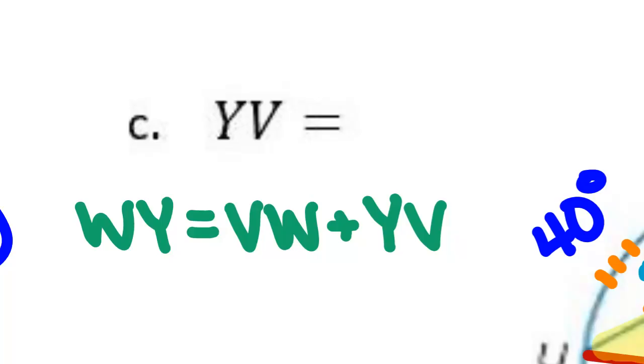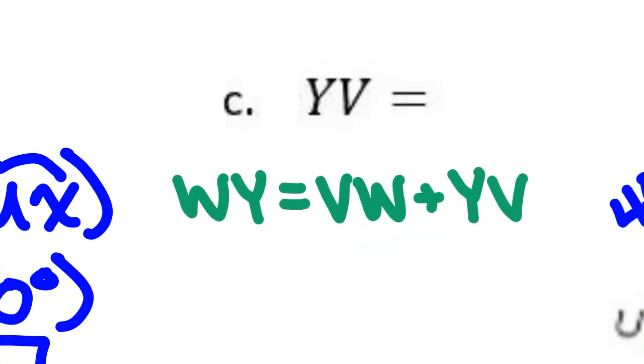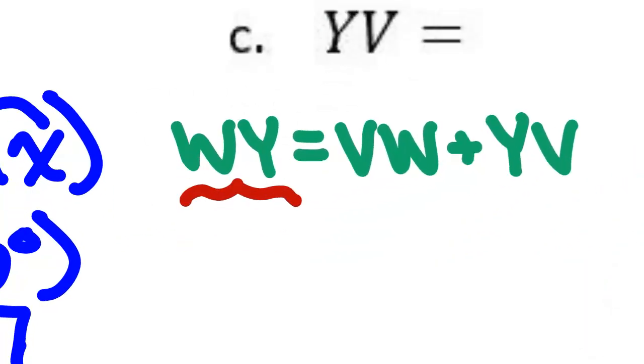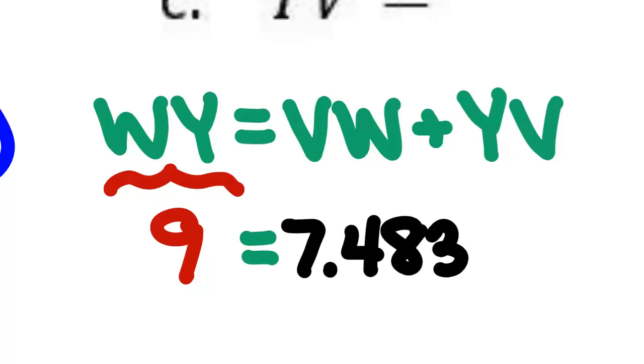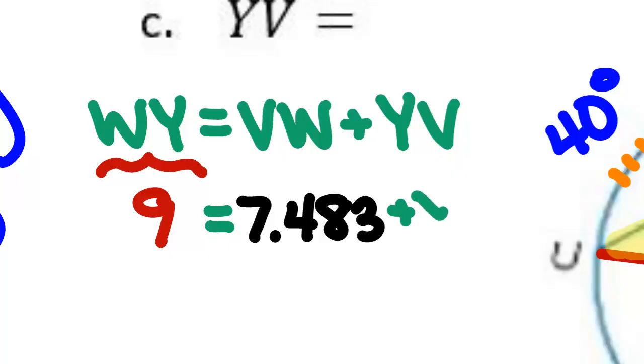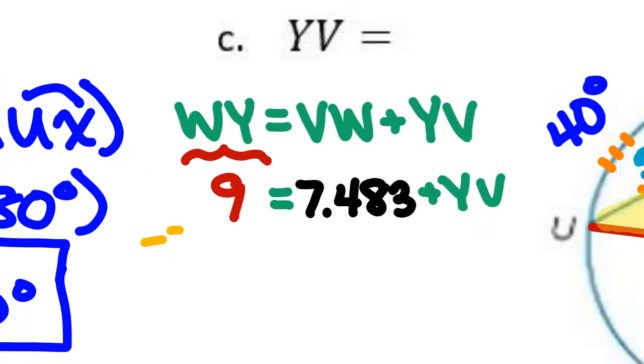We know how big the radius is. We know how big it is from W to Y. How big is this? 9. So 9 equals, we just found VW. That was 7.483 plus YV. So then I'm going to subtract 7.483 from both sides.